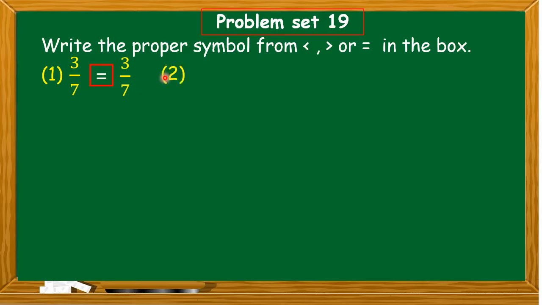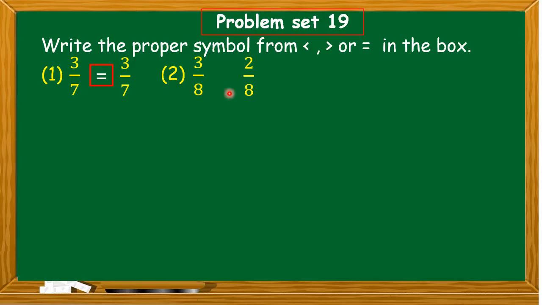Second example, 3 upon 8 and 2 upon 8. Now, look at the denominators of these two fractions. Their denominators are same. Hence, these two are the like fractions.